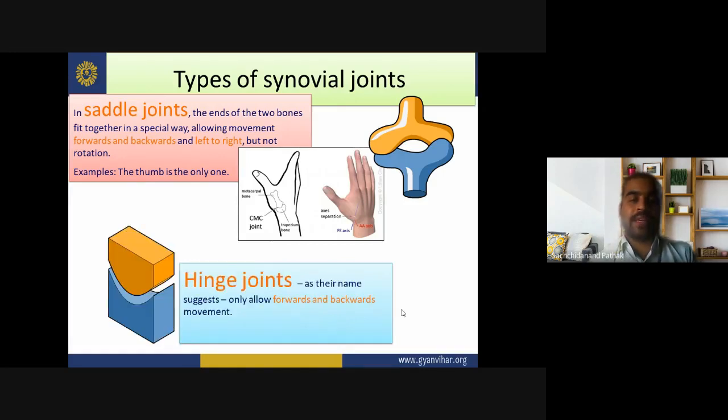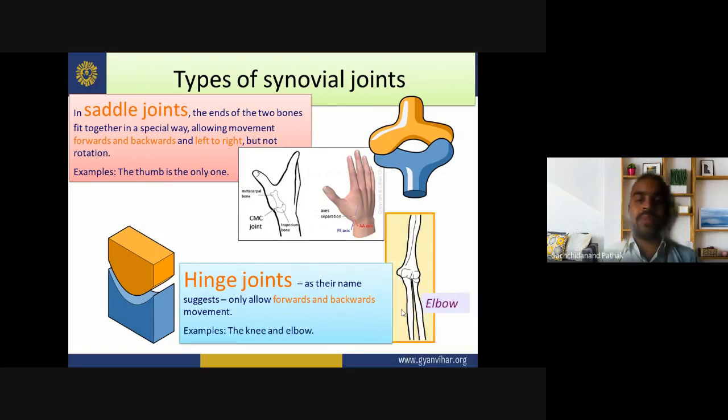Another joint we have is the hinge joint. As the name suggests, it only allows forward and backward movement. Hinge joints are those joints that allow forward and backward movement, for example the knee and elbow. In the knee and elbow, forward and backward is the only direction, like flexion and extension.